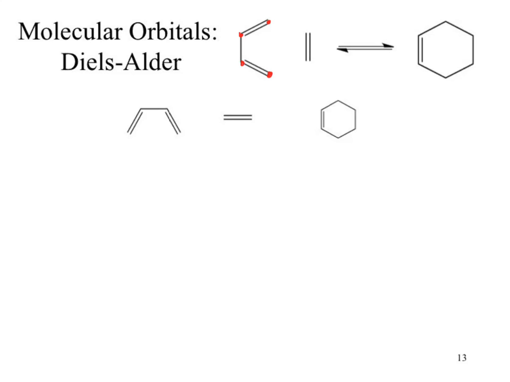When we're looking at the linear combination of atomic orbitals, we're doing something sort of similar. In this case, we're going to look at the p orbitals involved in making that structure. So I'm going to arrange those p orbitals in that general structure, and you notice that I've rotated it so that we match up nicely. Well, if I start with 4 atomic orbitals, how many molecular orbitals should I end up with?